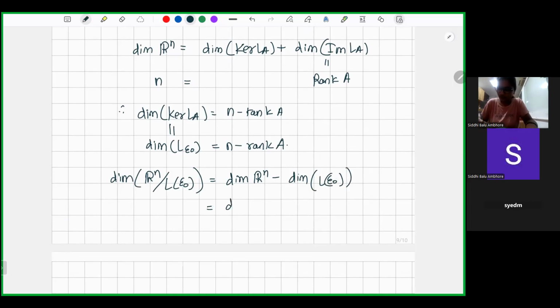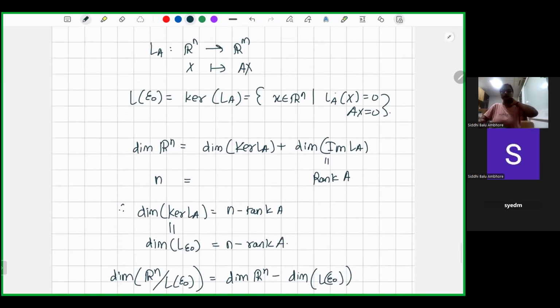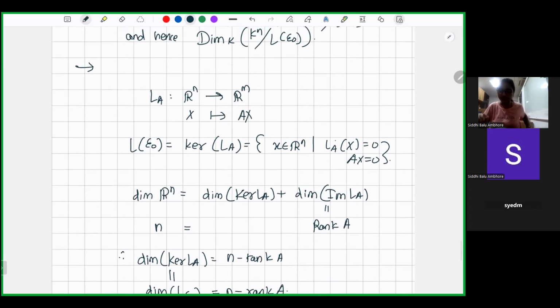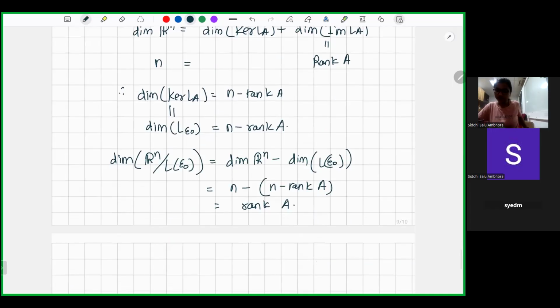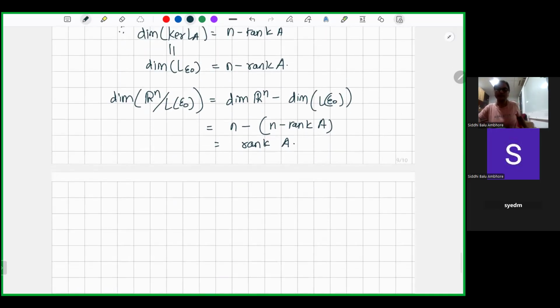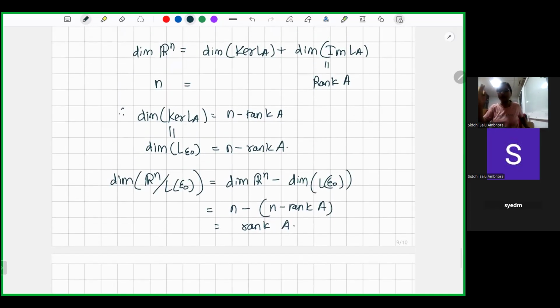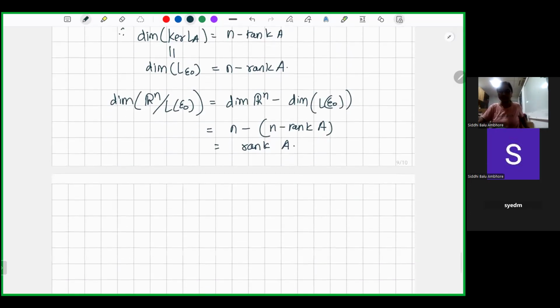But this we know is n minus rank A, so that is rank of A. If L0 is generated by some elements, then the complement will anyway give me the basis.